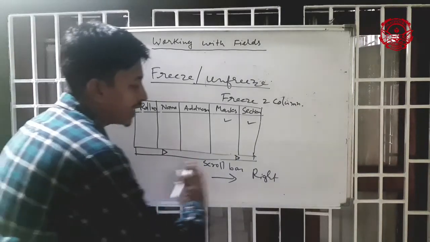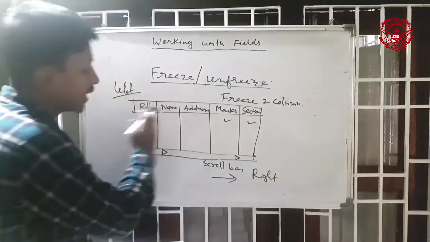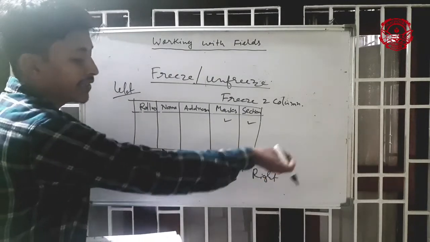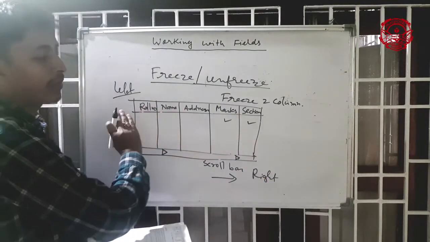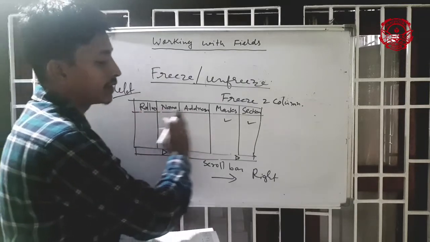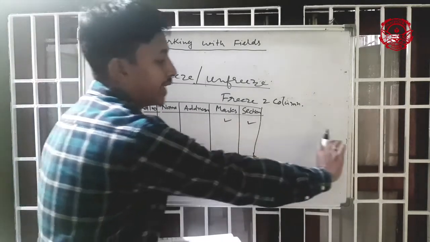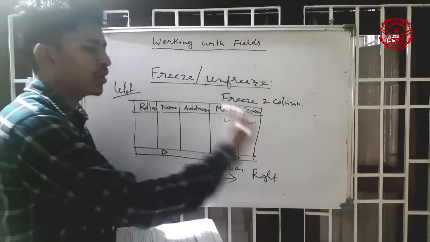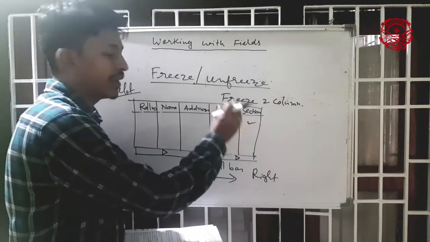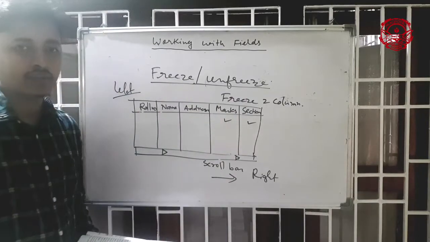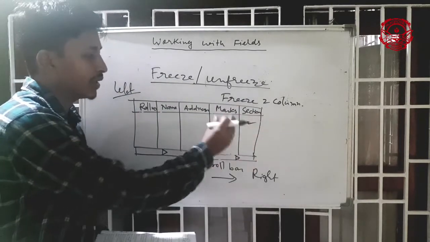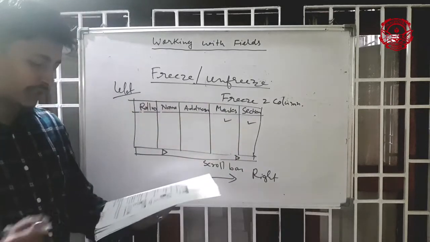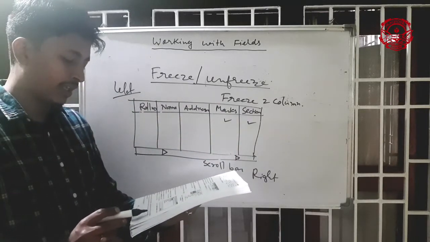When you scroll to the right, the leftmost column will not be visible, it is hidden, because you go to the right side. At that time, you want 2 or 3 fields that are always very important. So that's why you want to freeze them, so they are always visible in the leftmost columns.